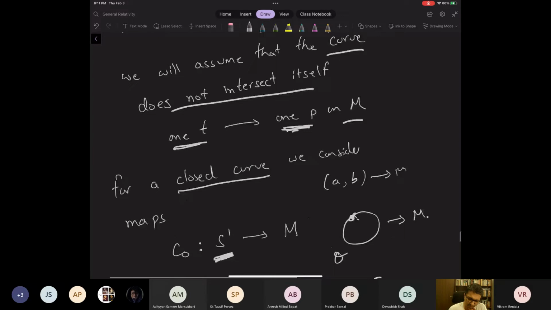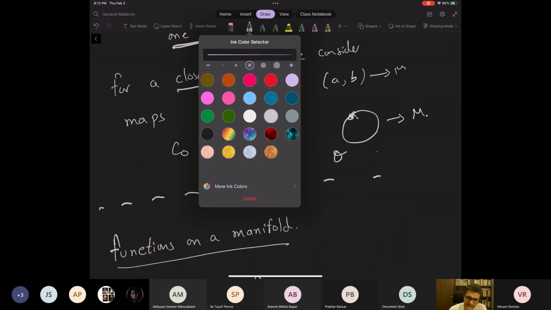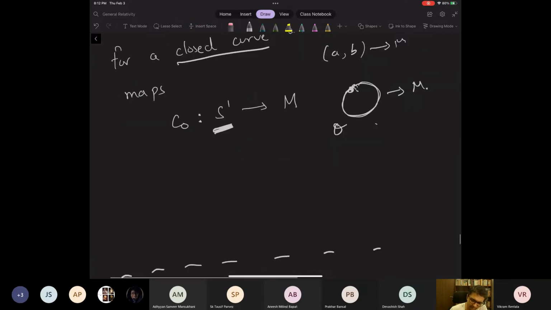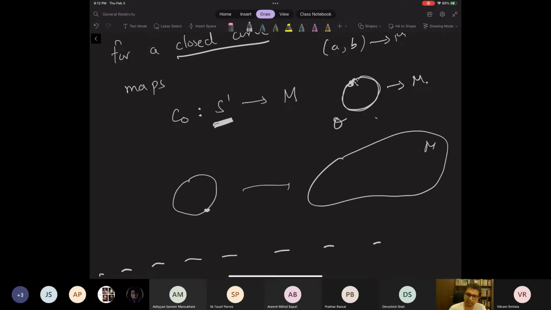Now, for a closed curve, on the other hand, I should really define it as a map from a circle to M. If I have a map from a circle to this manifold M, visually you can understand what I'm doing: I take this point and I map it to this point, and the map is continuous.